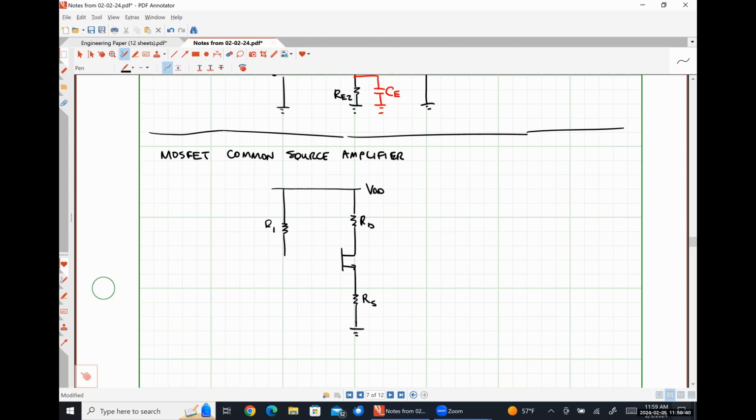Here's R1. Here's R2. CN. RSig. VSig. Out. And RL.